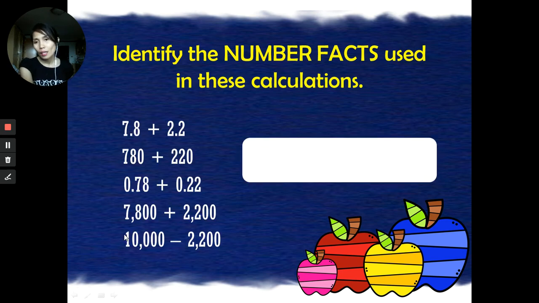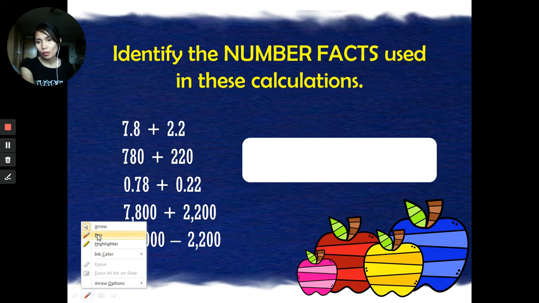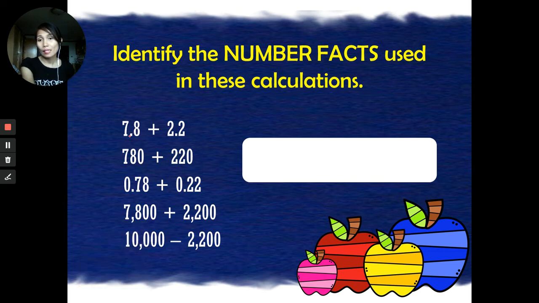As I've said, if it's a decimal number, you move the decimal points the same number of places. Like here, let's move the decimal place 1 time. So here you move also 1 time. So that's 78 plus 22. Now let's see with the other calculations if we still get the same.